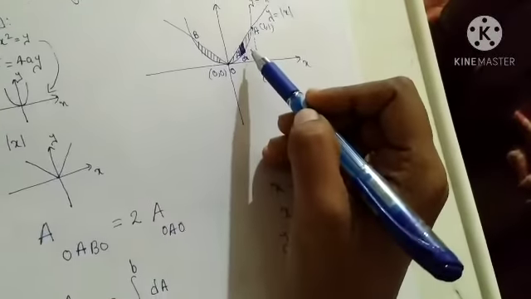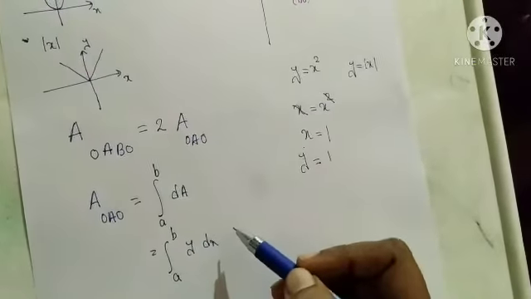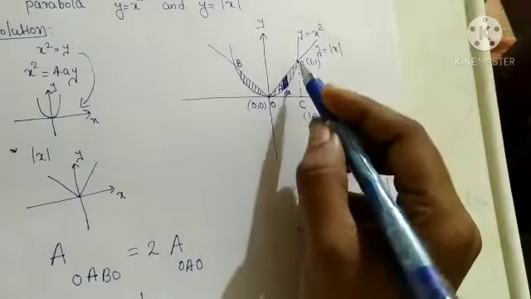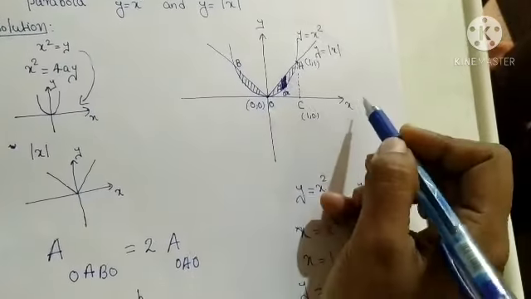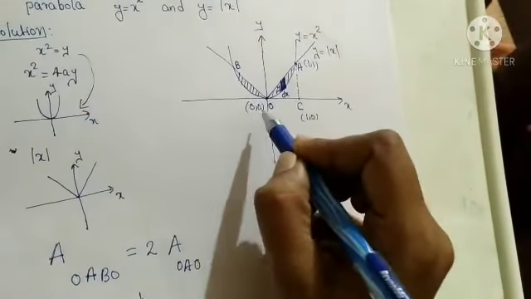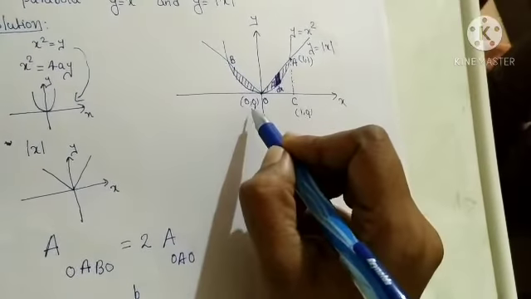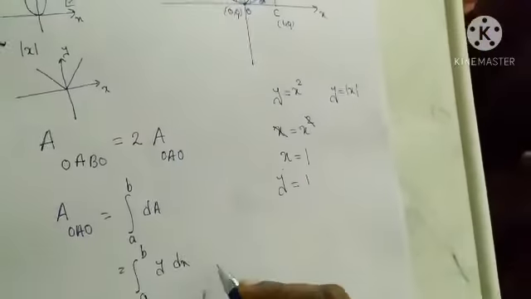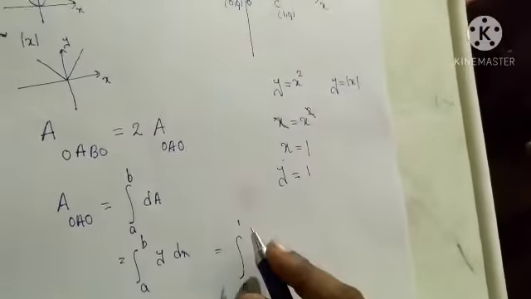I'm using a vertical strip here, so the area becomes y dx. Next I'm going to find the limit of x. While taking the vertical strip, the limit is on the x-axis. Here consider these two points: the y points are the same, 0, 0, but the x points vary from 0 to 1. So we get our x limit as 0 to 1.